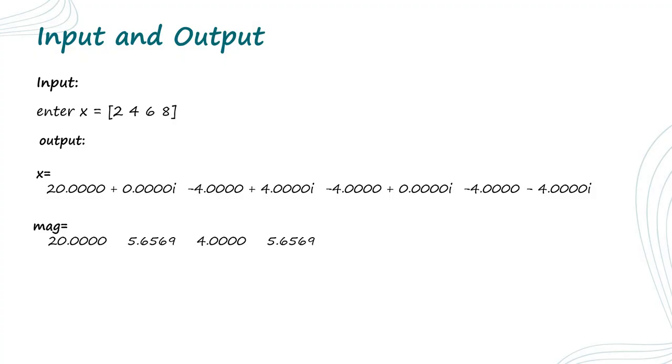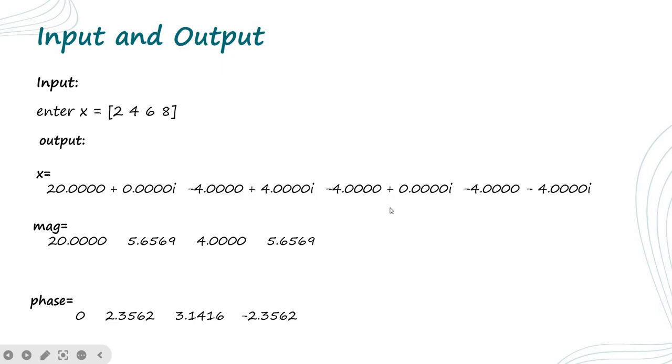Okay, so here you will get the magnitude as this: for 20, you are getting magnitude as plus 20. For minus 4 plus 4i, you are getting 5.6569. For the third one, 4, and for the last one you will get 5.6569. Similarly, this will be the phase which we have calculated.